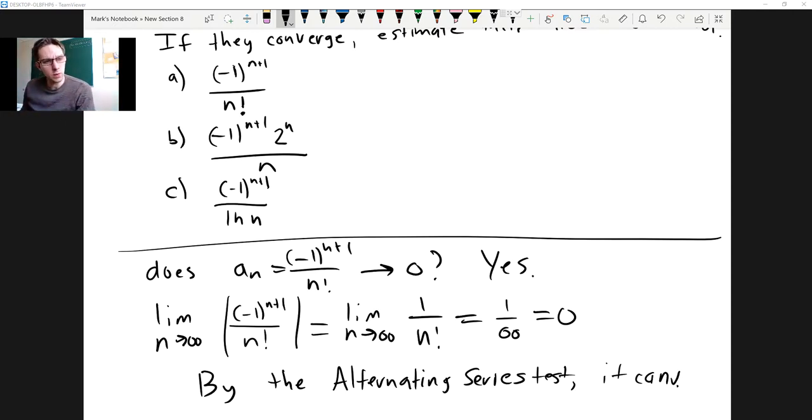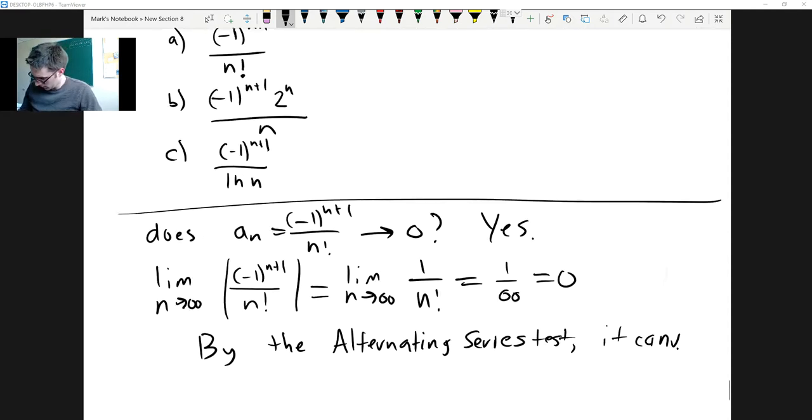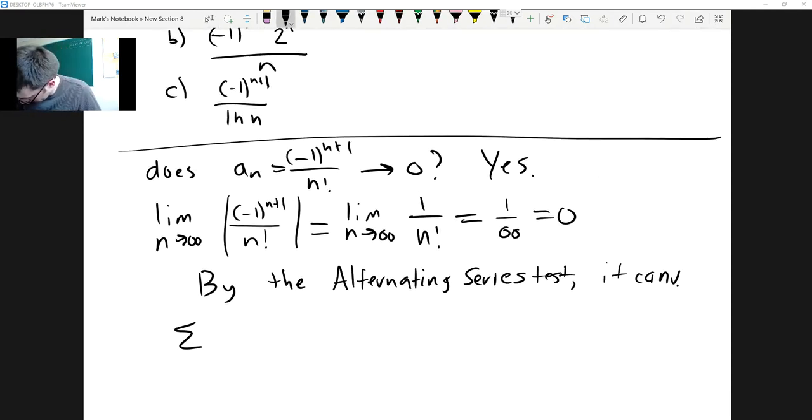And to answer that question, we have to look at the series with and without absolute values. Now, we know without absolute values, where it's actually alternating, it does converge. What about the sum of just 1 over n factorial? Does that one converge?